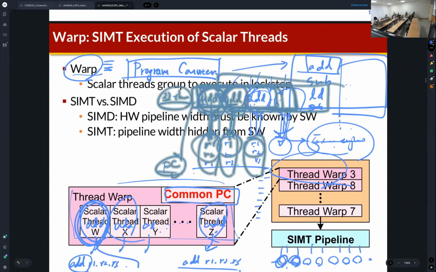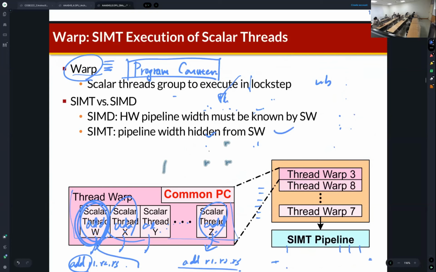That's why I said the SM, the streaming multiprocessor, executes warps. The warp is a hardware unit, not revealed to software engineers.